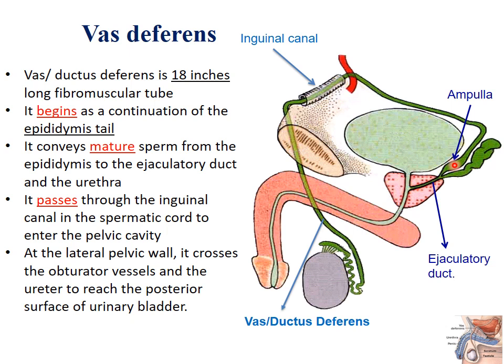So which part of the ductus deferens combines with the seminal vesicle? The ampullary part. The ampullary part combines with the duct of the seminal vesicle to form a single ejaculatory duct. When these two combine, we are talking about one-sided testis, let's suppose the right testis, right vas deferens, right seminal vesicle, and right ejaculatory duct.